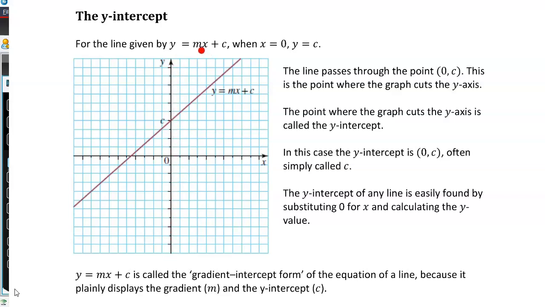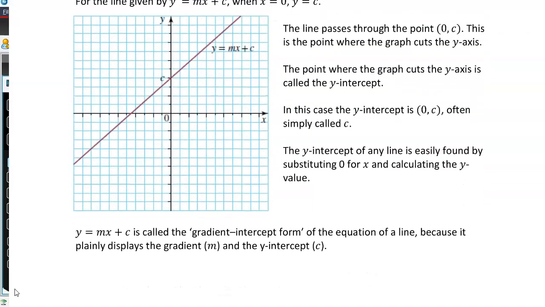So if you sub x equals 0 into that equation, that whole bit will be equal to 0, so y will be equal to c. So if you're asked to find the y-intercept of an equation, you just make sure it's rearranged into that form and the constant tells you what that intercept is.